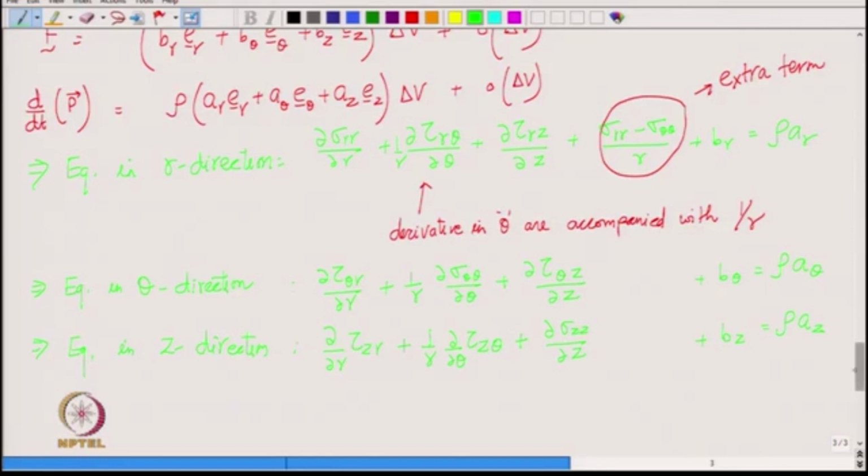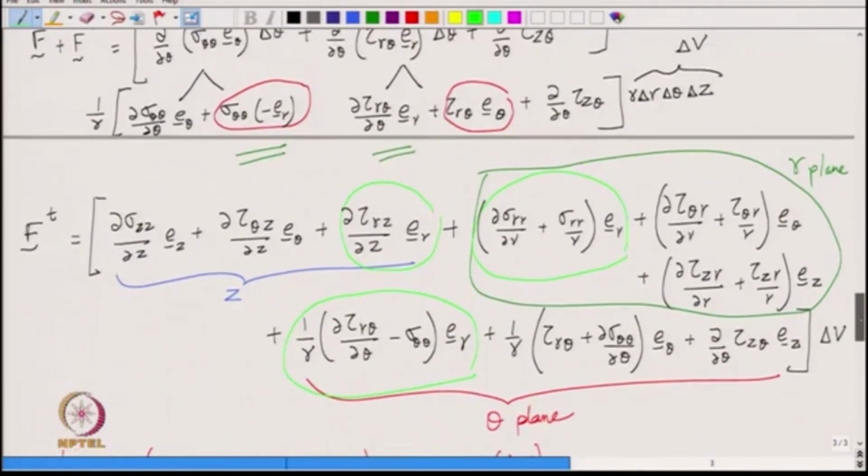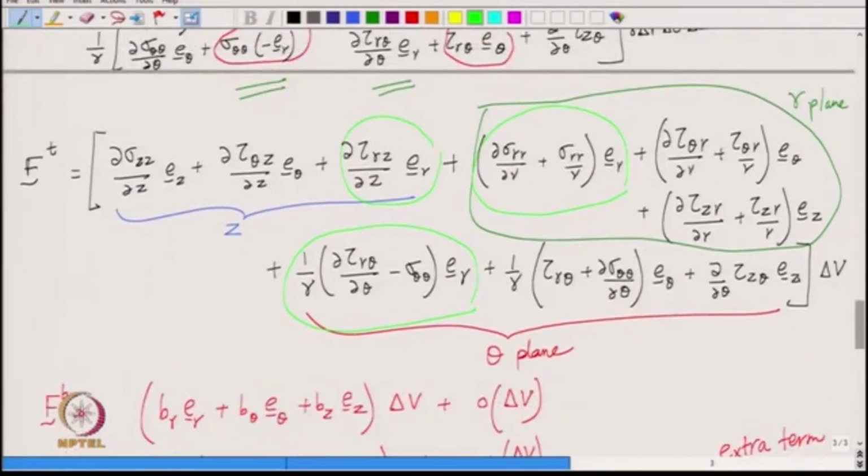So, we have to come back here and see what are the extra terms in theta direction. So, this is the theta direction which has already been taken into account. Okay, so, you see this is the extra term which has not been taken into account, and this is also the extra term which has not been taken into account.